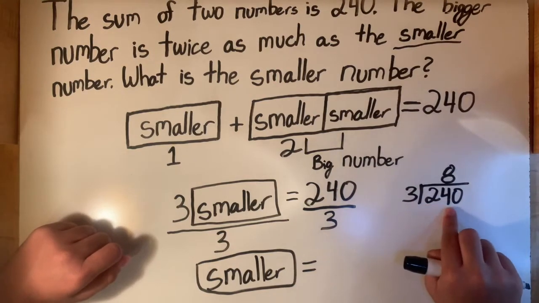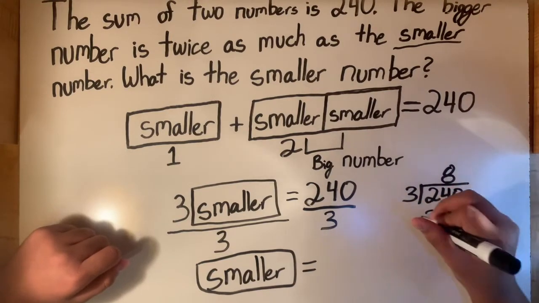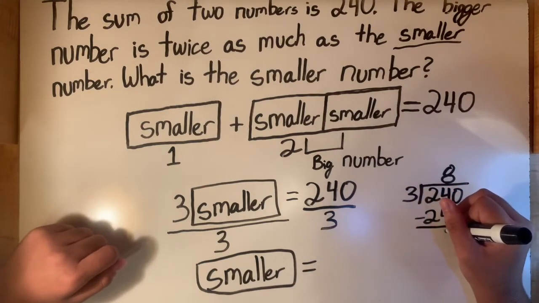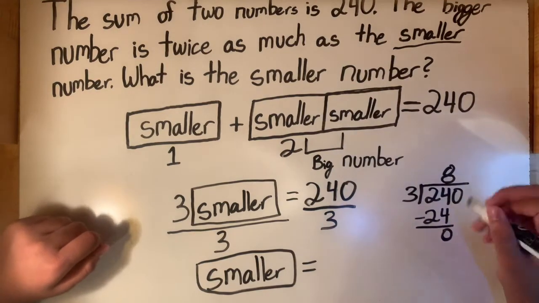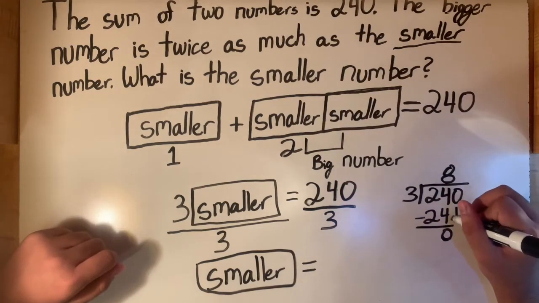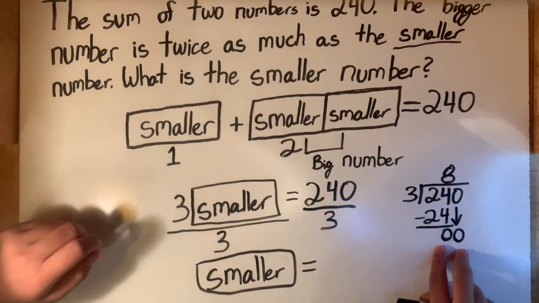Because we're looking at just this, we subtract and get 0, because 24 minus 24 is 0. Next, we bring down this 0, and so now we just have a 0.